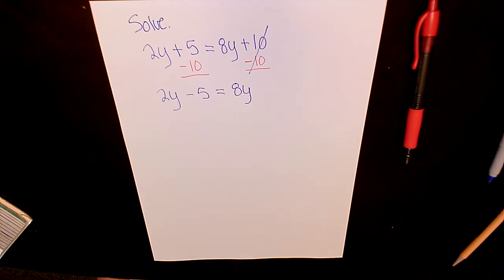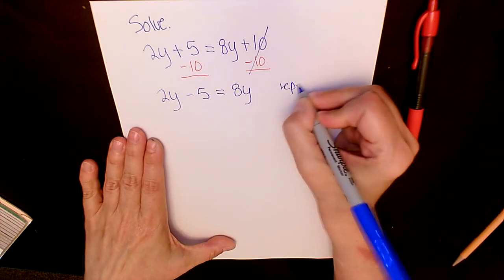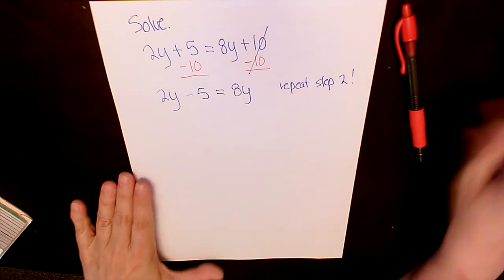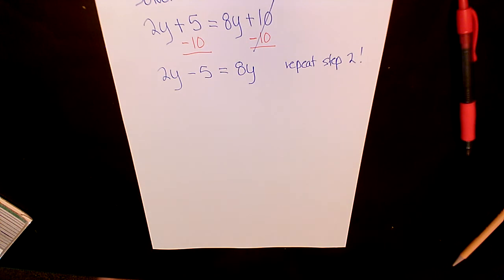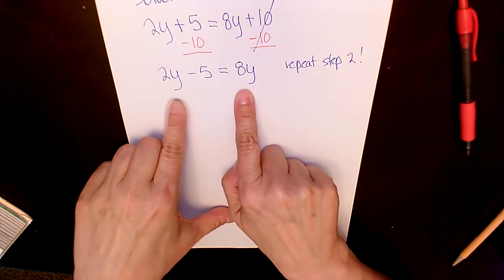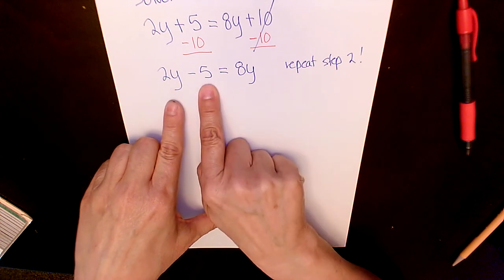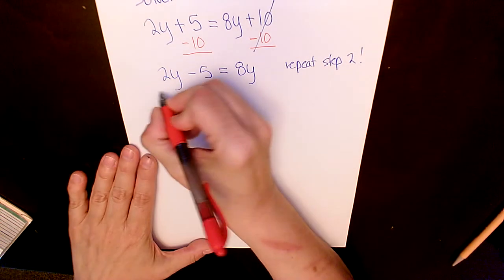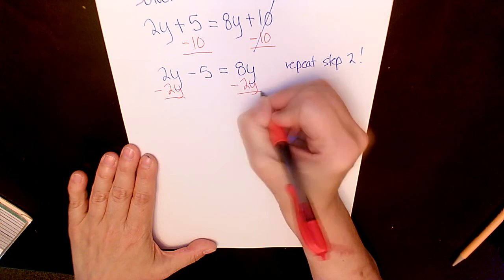I'm going to repeat step 2 with the variables. So I've got a 2y and an 8y. I want to get all the y's on one side. I've got my number here, negative 5. So I'm going to subtract 2y from both sides.